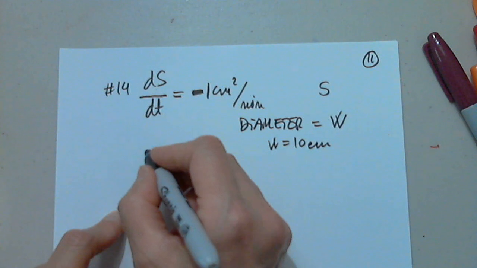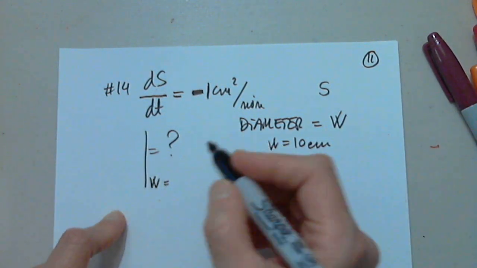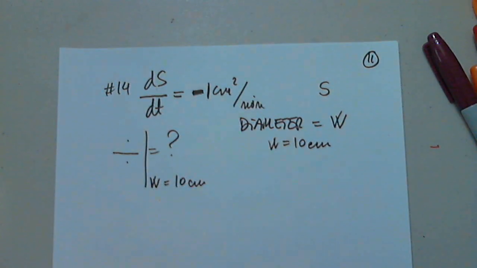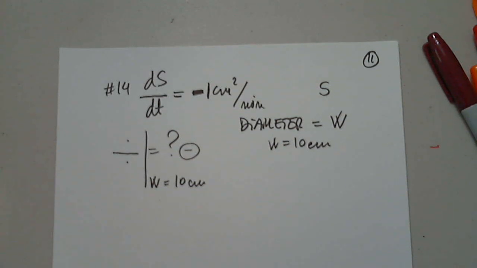So what are we asked to determine when the diameter is 10? And it is decreasing, so I make myself a note, make sure that I get a negative number so I don't mess up something. So how fast is the diameter decreasing when the diameter is 10?